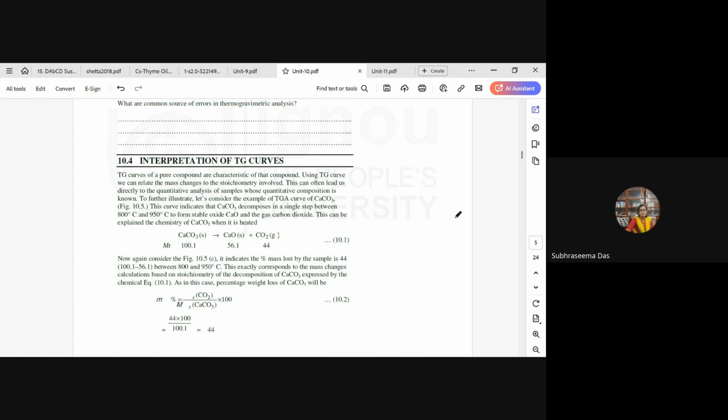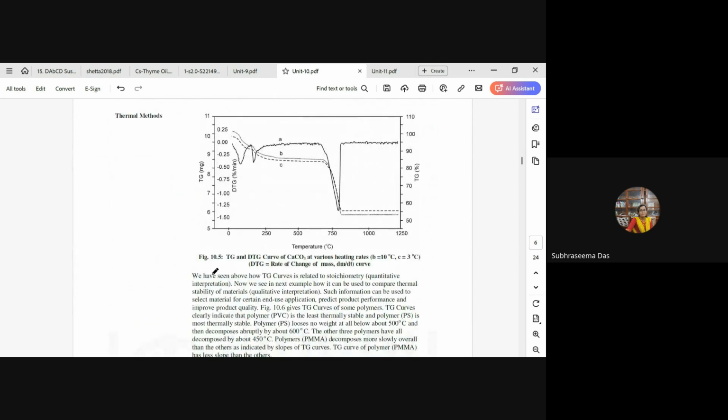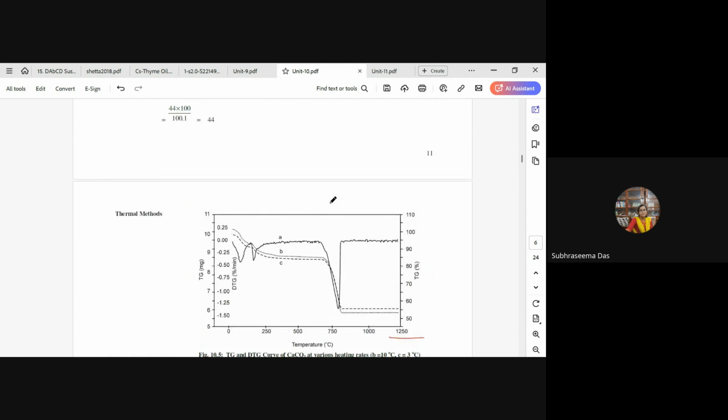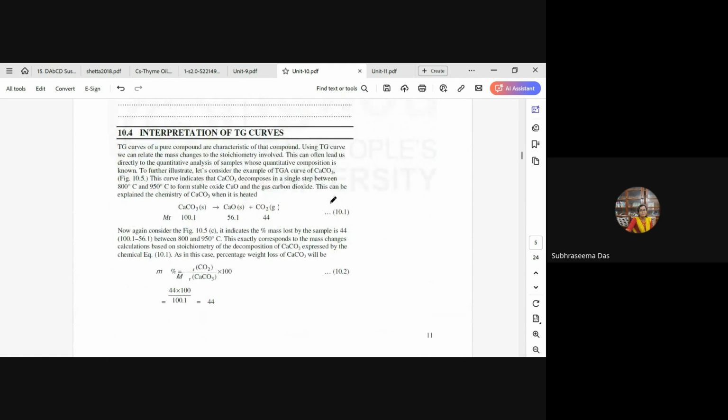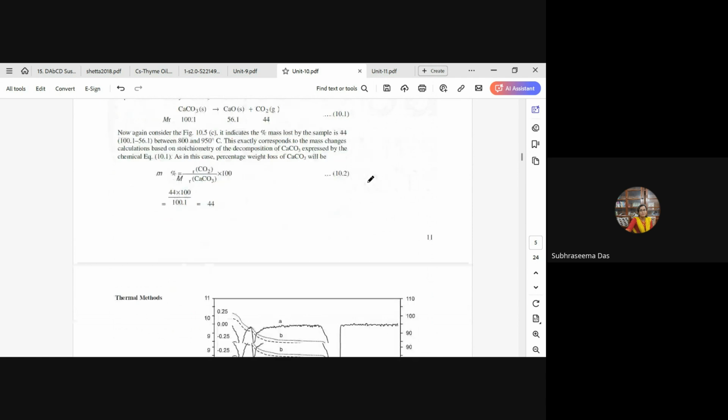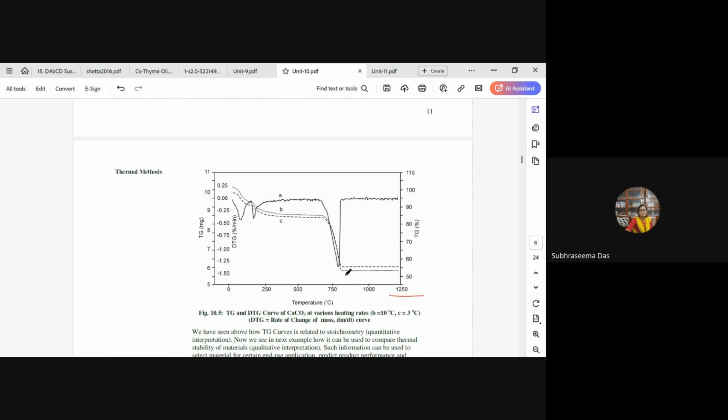So let us consider the TGA curve of calcium carbonate, shown in figure 10.5. The temperature has been set from room temperature to 1250 degrees centigrade, and the bold line in this figure indicates the TGA plot. Here it shows that calcium carbonate decomposes in a single step between 800 to 900 degrees centigrade.